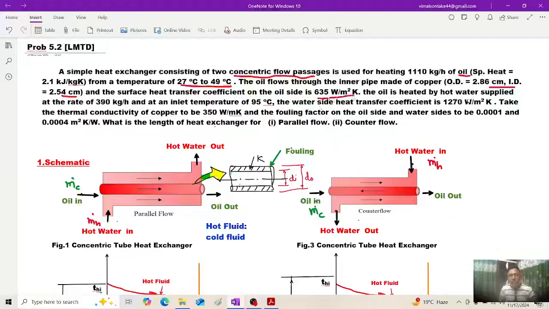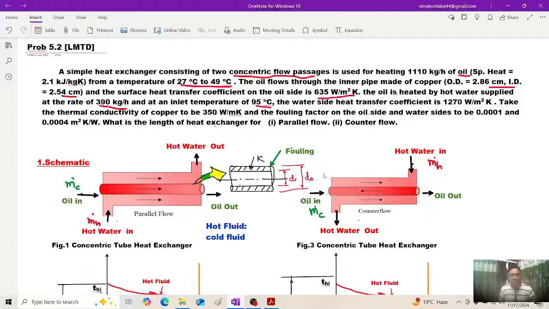The oil is heated by hot water supplied at the rate of 390 kilojoule per hour and at an inlet temperature of 95 degrees Celsius. The water side heat transfer coefficient is 1270 watt per meter square Kelvin.